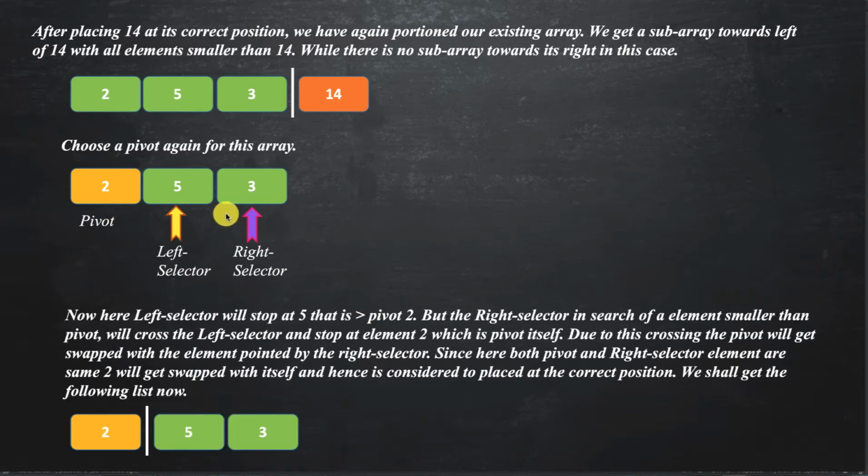The right selector will try to find an element which is smaller than or equal to the pivot, so it will come to the pivot. Since in that case the left selector will be greater than the right selector, and the right selector will be pointing at the pivot, we will swap the value 2 with 2, or you can say we'll just stop there, and then the array will be again partitioned.